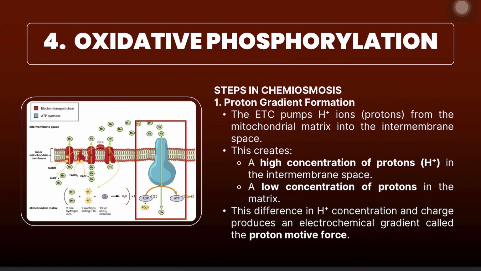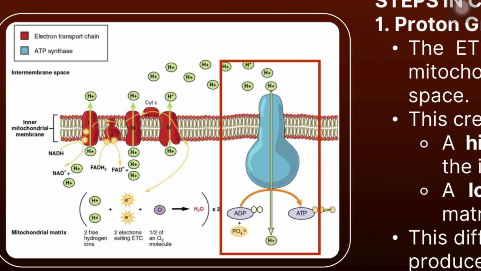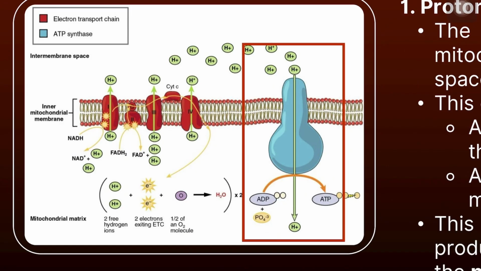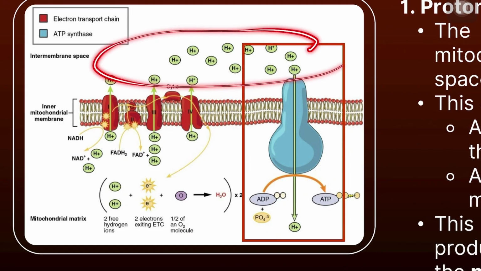So now let's discuss the step-by-step process of chemiosmosis. First, we have the proton gradient formation. Here, the electron transport chain will continuously pump hydrogen ions from the mitochondrial matrix into the intermembrane space.